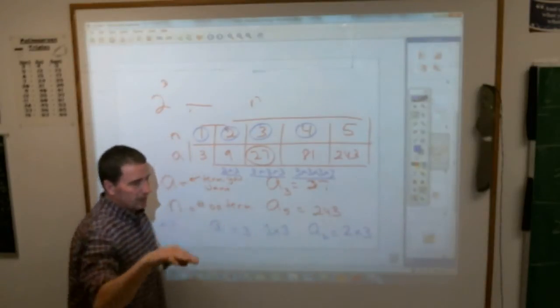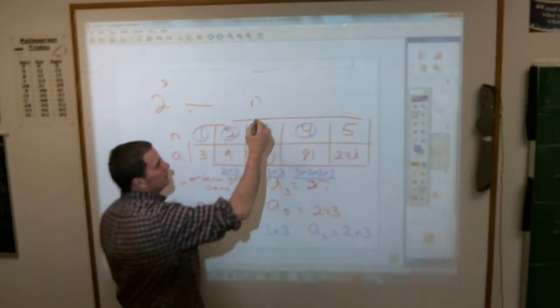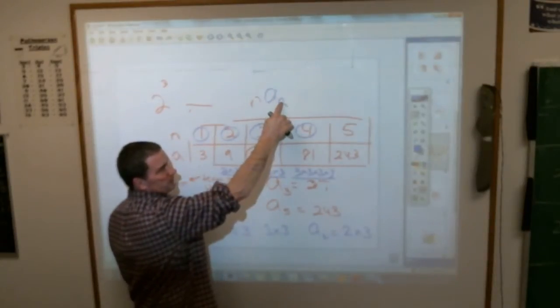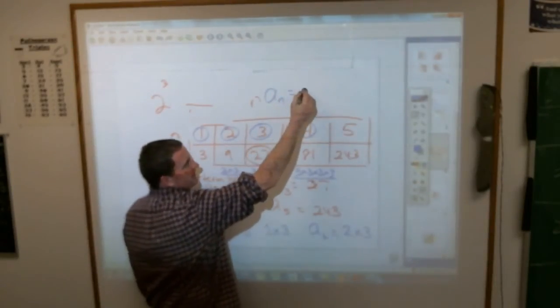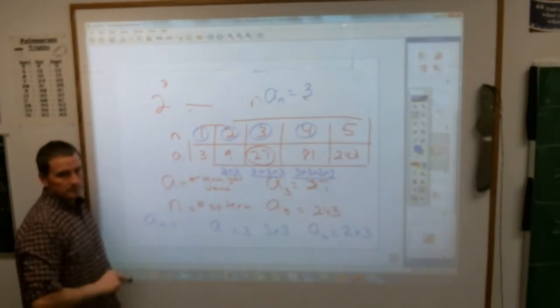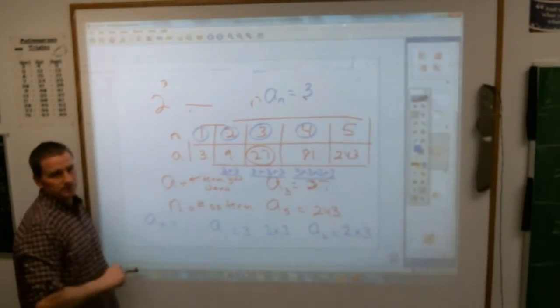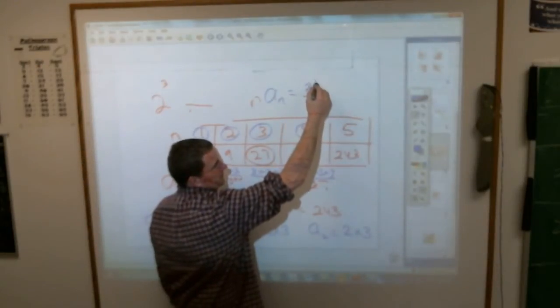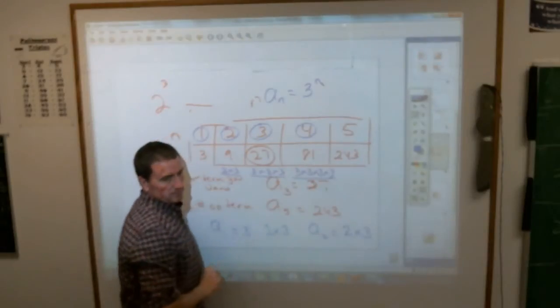So how would I show that in a formula? You would say it like this: A sub n, a to any term, is going to equal, my base number is 3, and then what do I have to put there? My exponent is going to be the letter n.